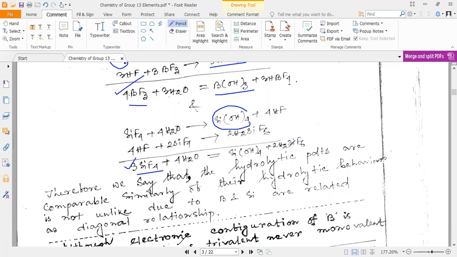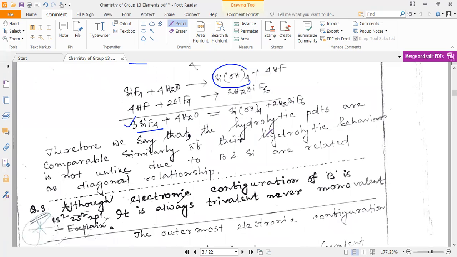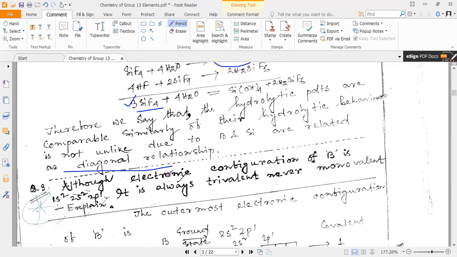So you can easily say that the hydrolytic products are comparable. Their hydrolytic behavior is similar because boron and silicon are related by a diagonal relationship. Okay.